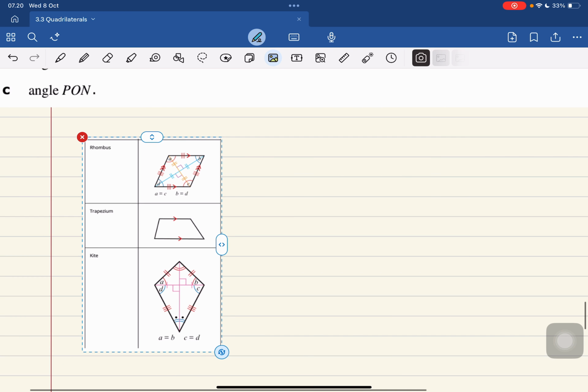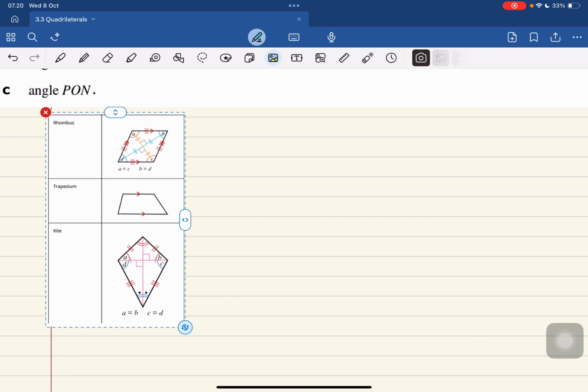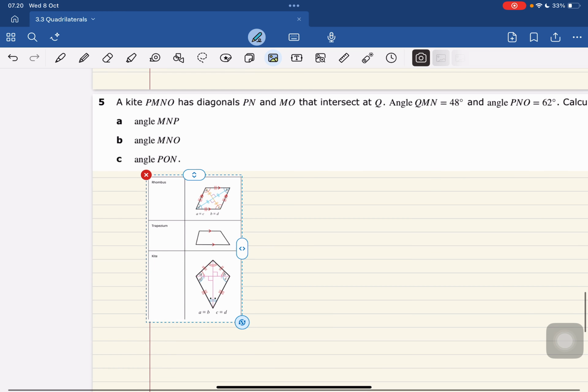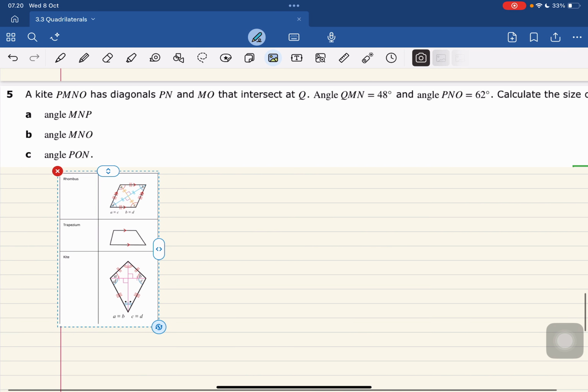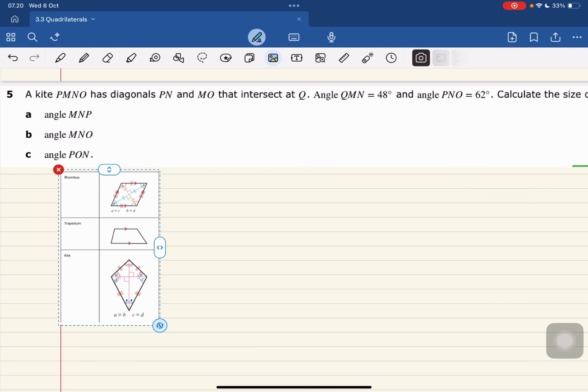Okay, this is the kite. Let's label it P, and then we have M, N, O. So this is the perpendicular angle.